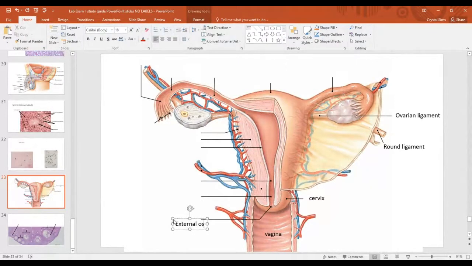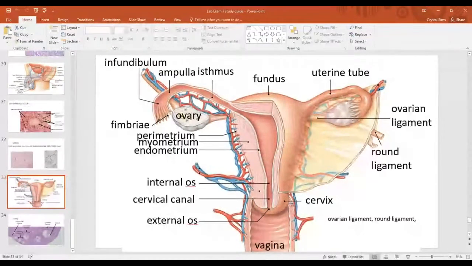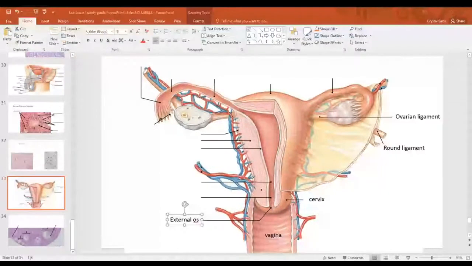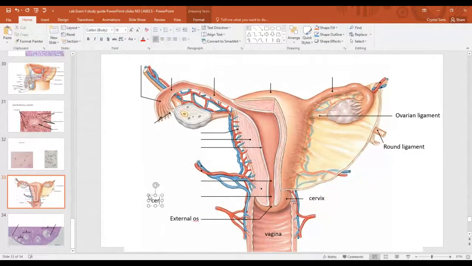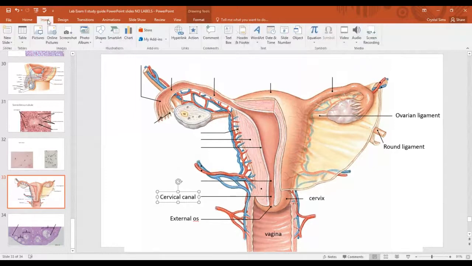All right, so I've got the frontal section here of the female reproductive tract. This is going to be a matching question. So I'm going to go through this one with you.